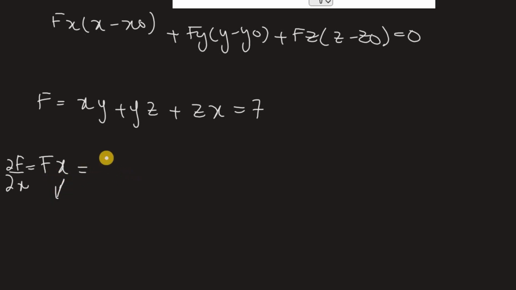So what are the other variables that we have over here? y and z. So y and z are treated as constants, and we're differentiating only x in this equation.